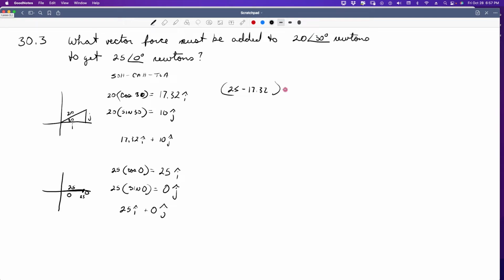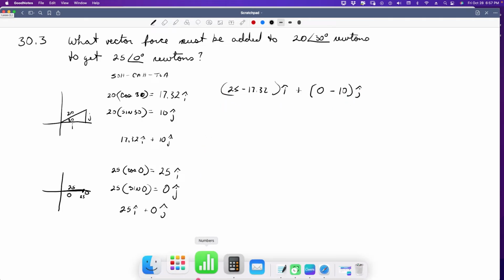There's that I. Plus, and here is the second J, that is going to be 0 minus 10, and that is the J. So let's do the math there.